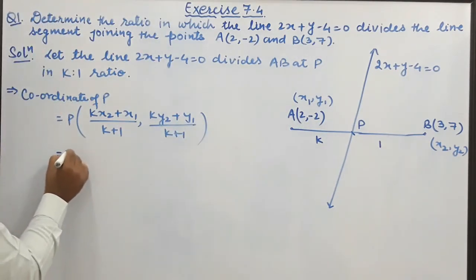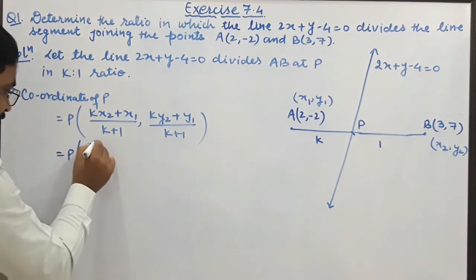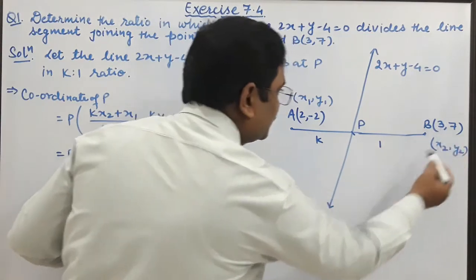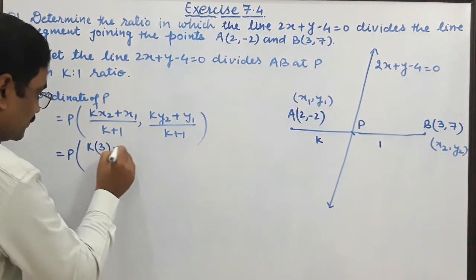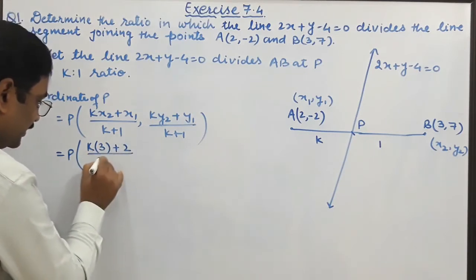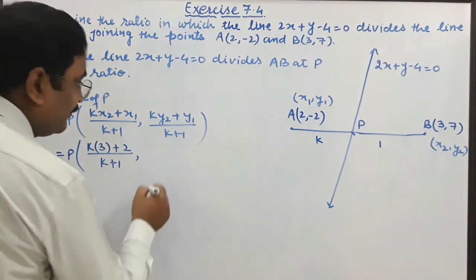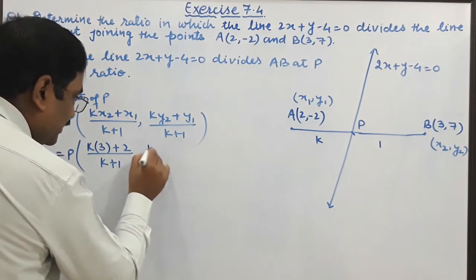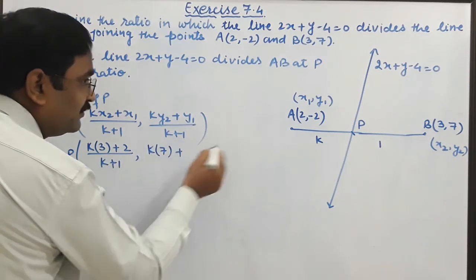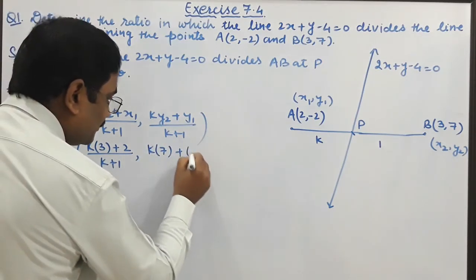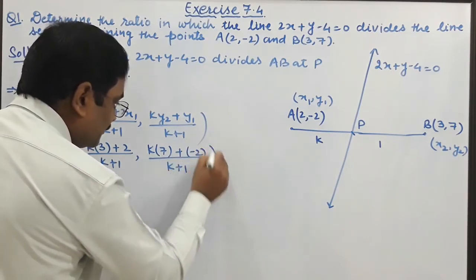So coordinate of P is k into 3 plus 2 divided by k plus 1, and k into 7 plus minus 2 divided by k plus 1.